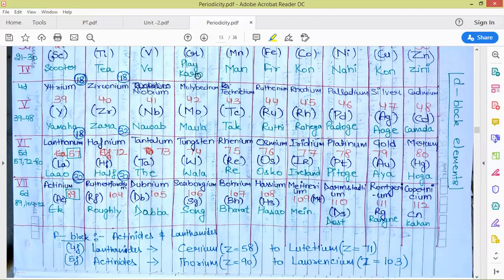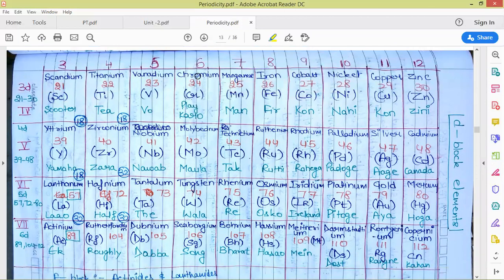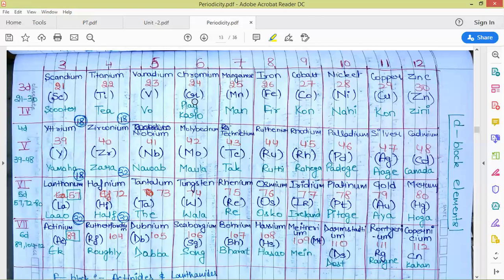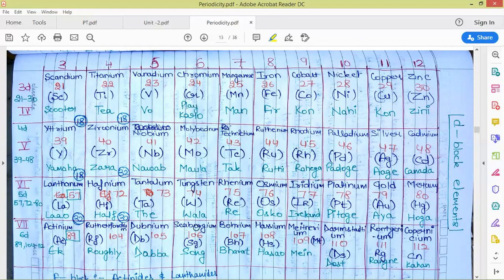So next group is group 6, which starts from chromium and ends with seaborgium. So its mnemonic has an additional word, play. Apart from that, the next 4 words represent the elements. Play, karo for chromium, Mola wala song.